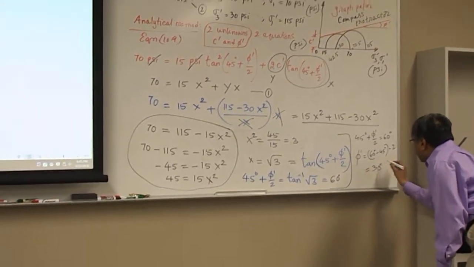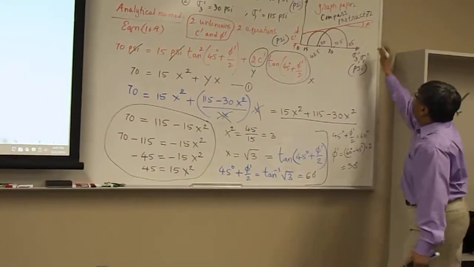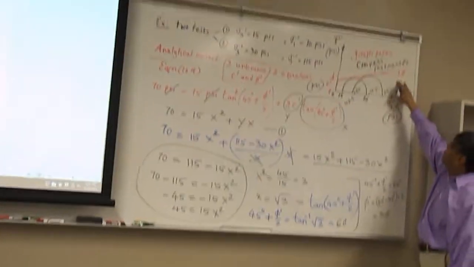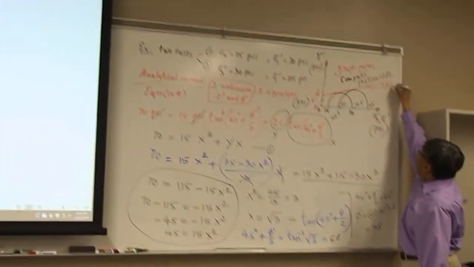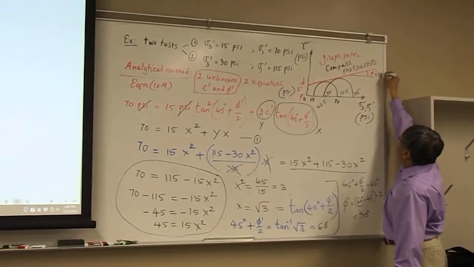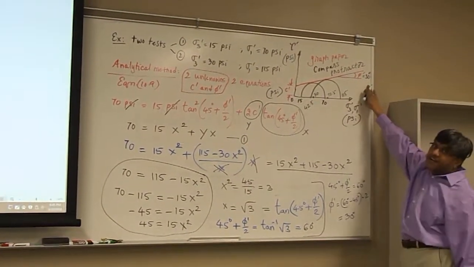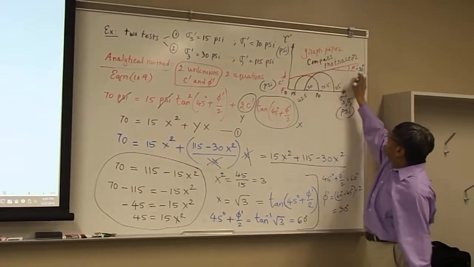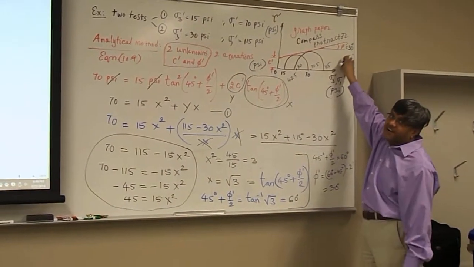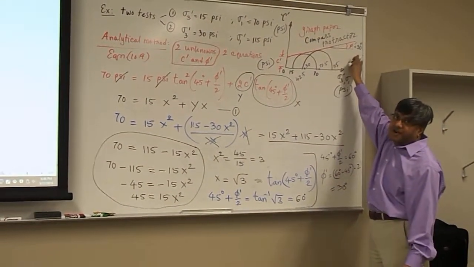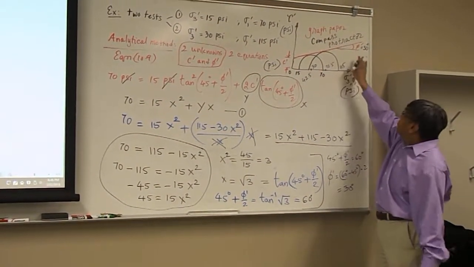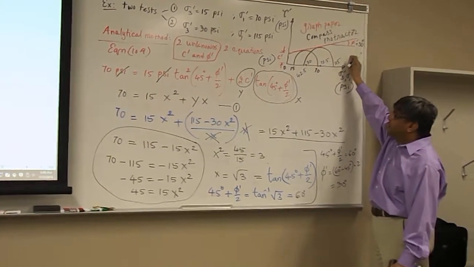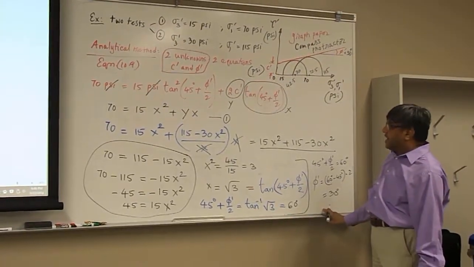That means the slope angle, whether we draw on a graph paper or do this calculation, should be 30 degrees. But in a graphical method, we may not be getting exactly 30, we may be getting 29 or 31, because this cannot give very accurate results. This gives very accurate results.